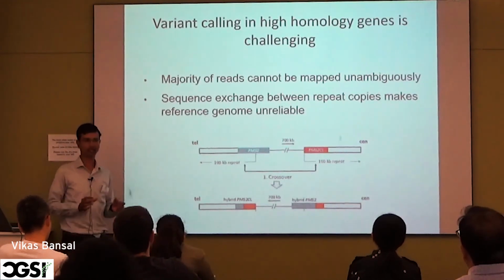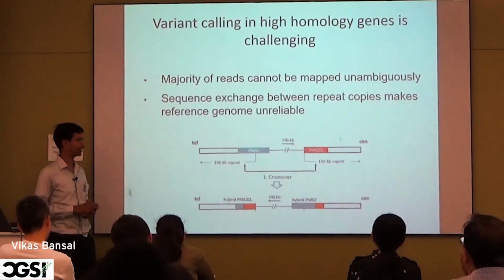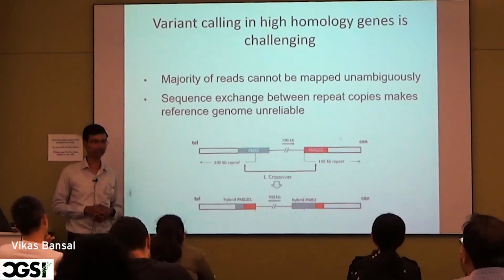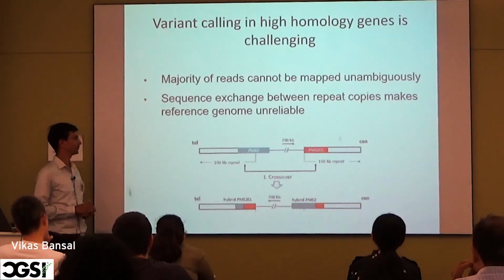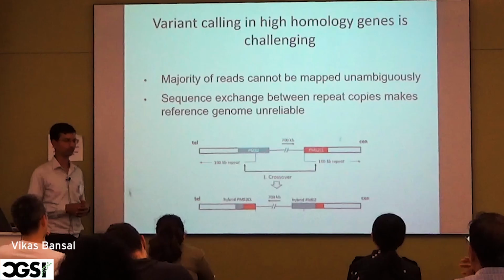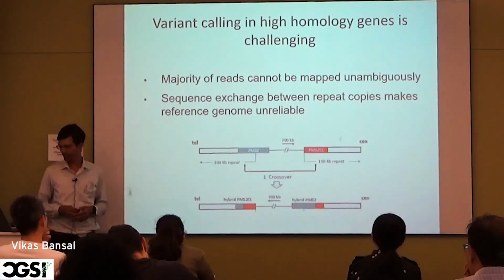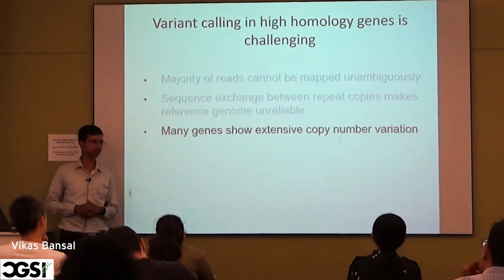Because the two copies are located very close to each other, there can be non-allelic crossover generating hybrid alleles, or resulting in gene conversion. The consequence is that we cannot trust the reference genome to distinguish between the gene and its homologous copies. I'll explain that further when we talk about the methods.